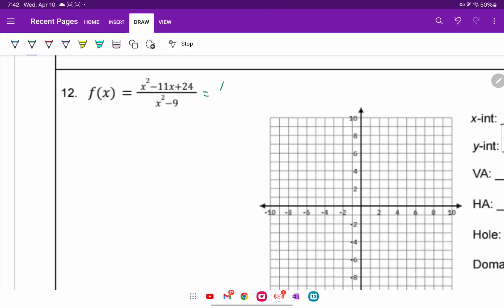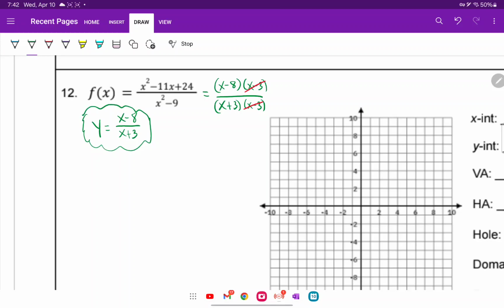So this becomes on the top (x minus 8)(x minus 3). This will be (x plus 3)(x minus 3). And you see our common factors of x minus 3. So our simplified equation will be (x minus 8) over (x plus 3).